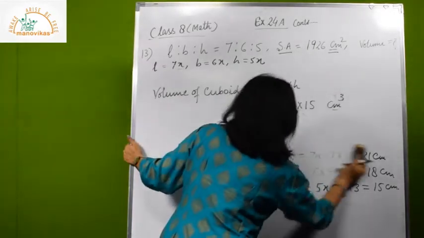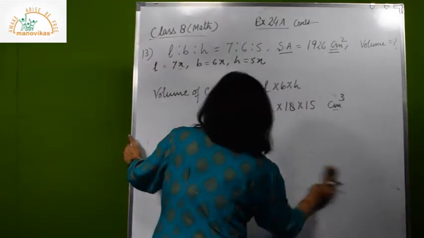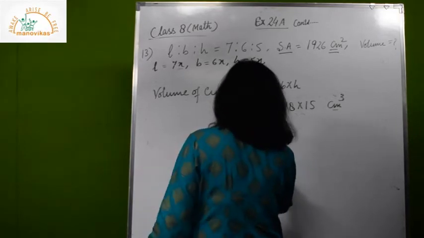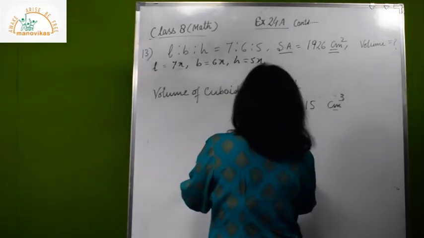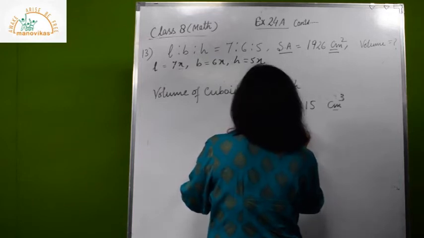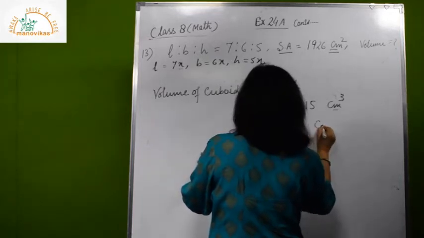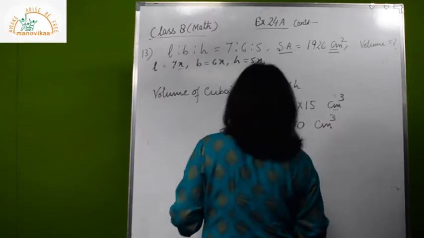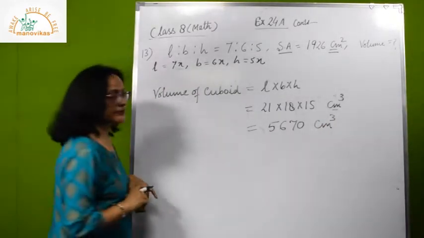Okay, now you can multiply this. I have already multiplied. So this is 5670 centimeter cube. This is the volume of the cuboid.